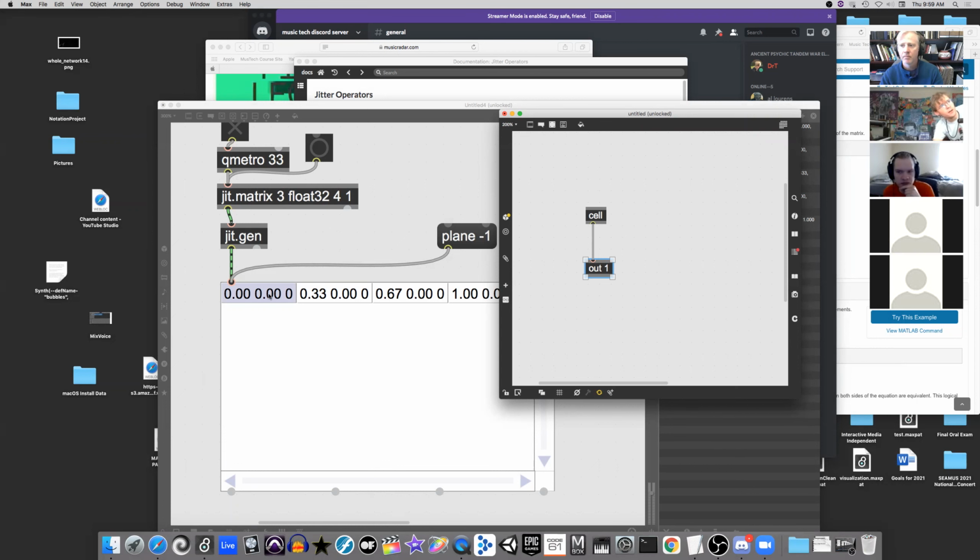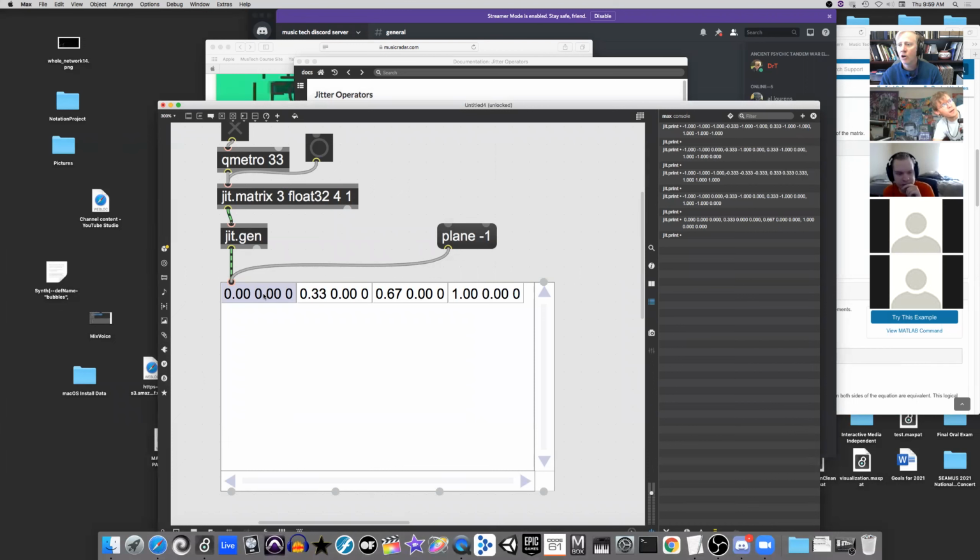So it would be which column and which row. Right? So here we would have column 0, row 0, column 1, row 0, column 2, row 0, and column 3, row 0. So it's 0 to 3, and that's one dimension of it.